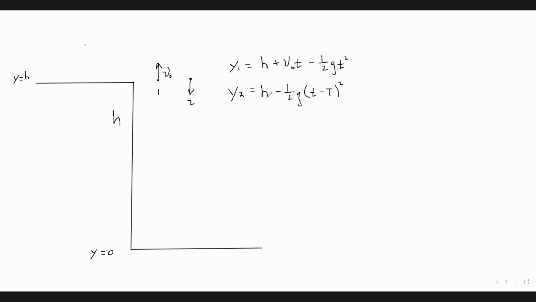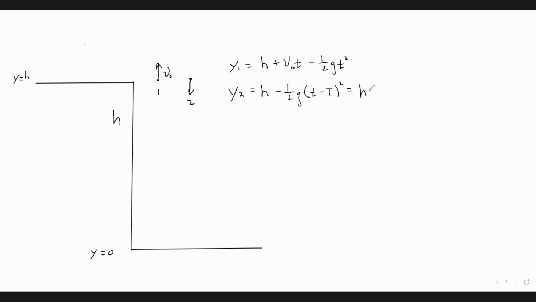So we're going to set both of these equal to 0 because both balls are supposed to hit the ground at the same time. So the time little t that ball 1 hits the ground is the time little t minus the delay when the second ball hits the ground. But first, let's go ahead and expand this.